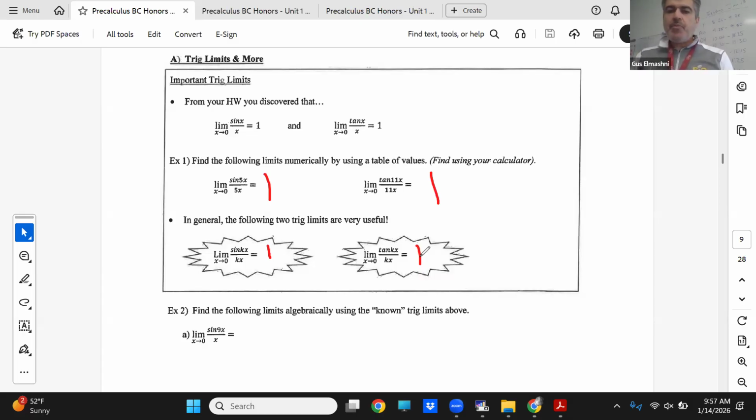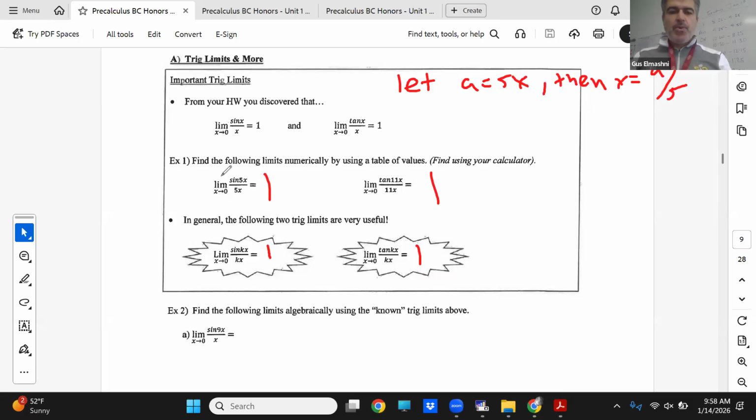Another way you could think about it, just to help you guys, I am going to give you a little formal proof because it just hit me. What if we let a equal 5x? Then what does x equal? Right, a over 5.